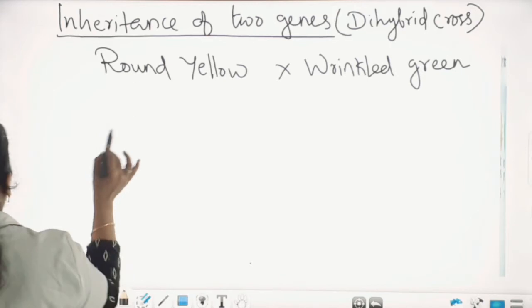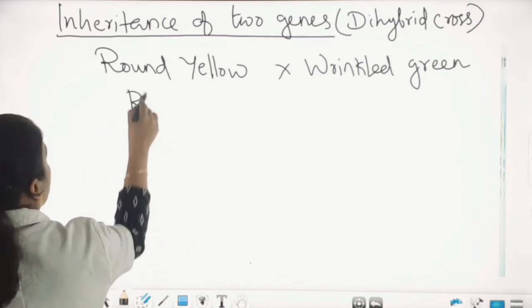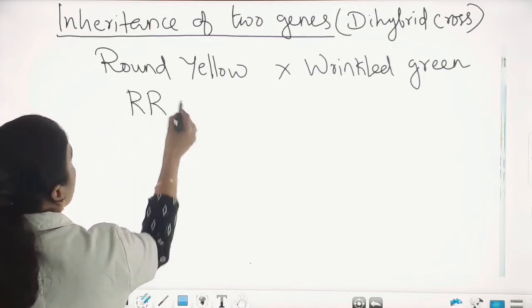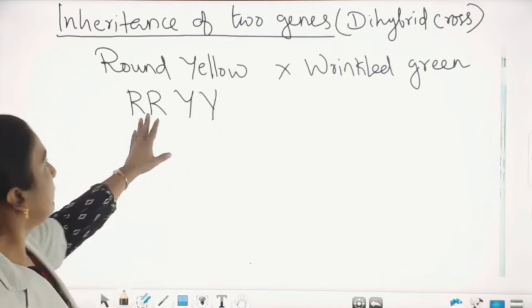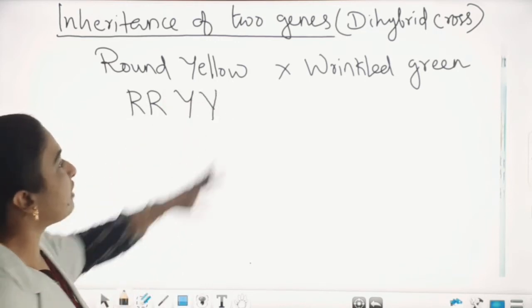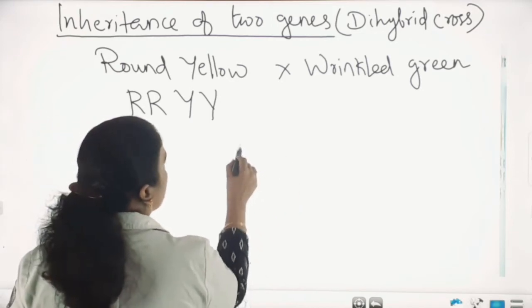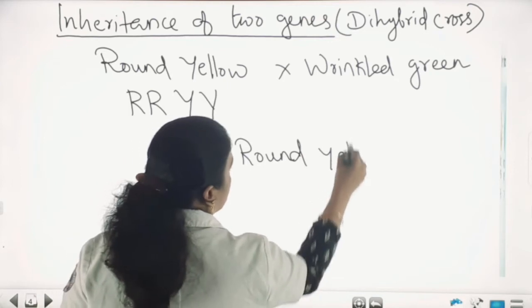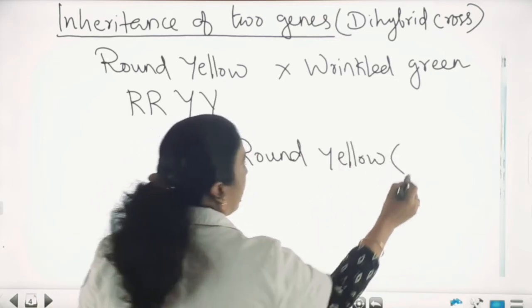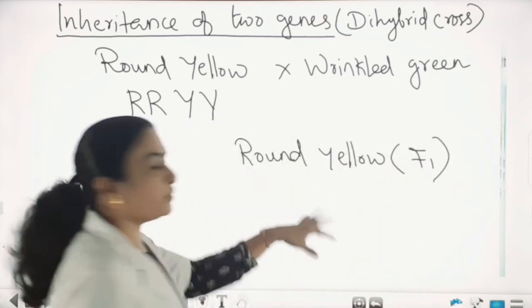And the genotype is capital R, capital R, capital Y, capital Y. Why are these given capital letters? Because in the first generation, in the F1 generation, they are showing round yellow. So the offspring were round yellow.